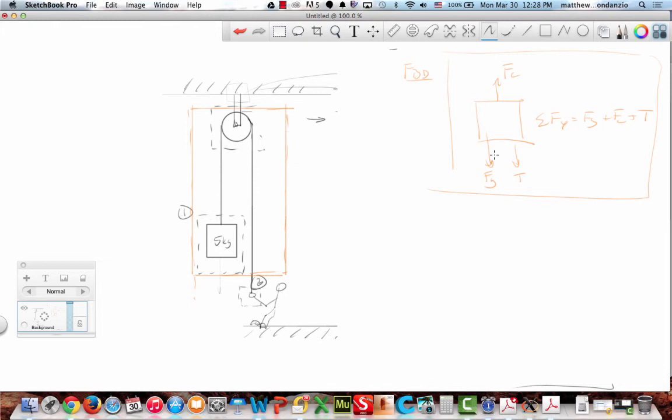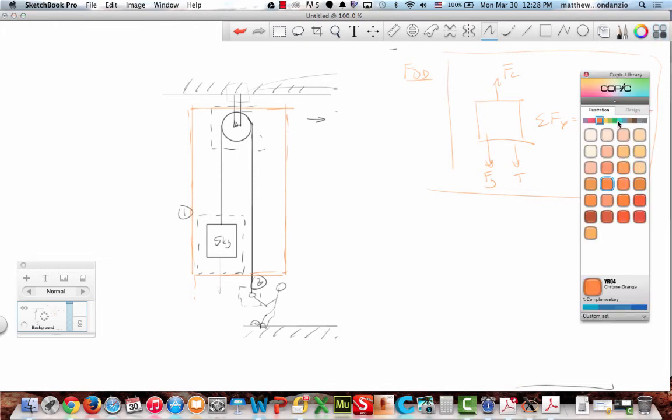I mean, look, I could do another free body diagram. Okay, around this. Okay, let's do it this way. Okay, so FBD in blue. So what's coming out my top of my box?